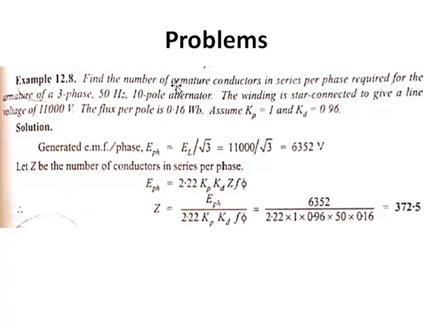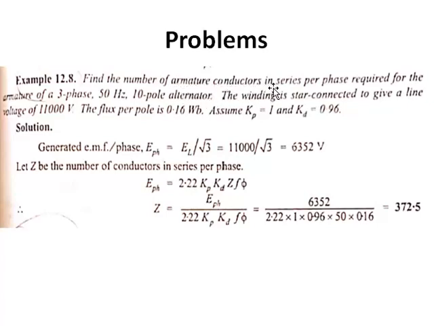Next one, find the number of armature conductors in series per phase. So you should be able to identify what they are asking. Armature conductor is nothing but the Z, number of conductors per phase. So they have elaborated that particular Z description.